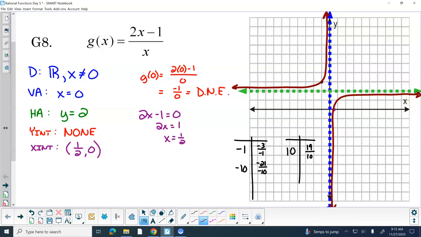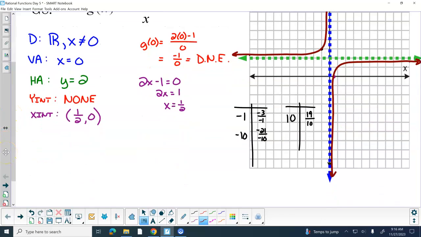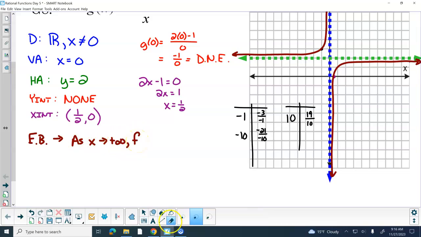Then it said, talk to me about end and asymptotal behaviors. So based off of my graph, my end behaviors would be: as x approaches positive infinity, my function, g of x this time, approaches 2 from below, because I'm getting closer and closer to 2 when I'm on the below side of it.